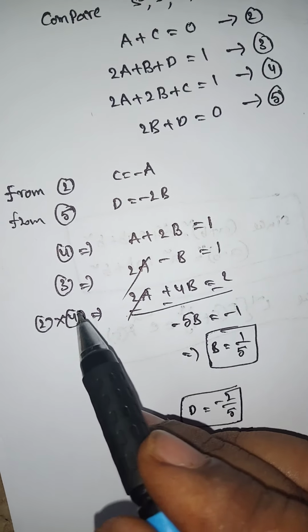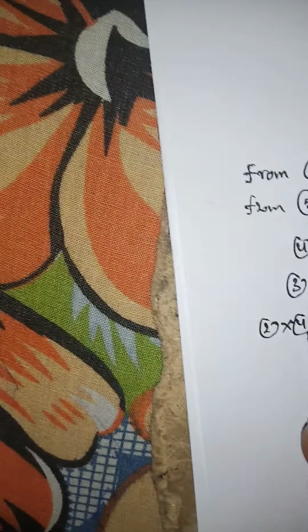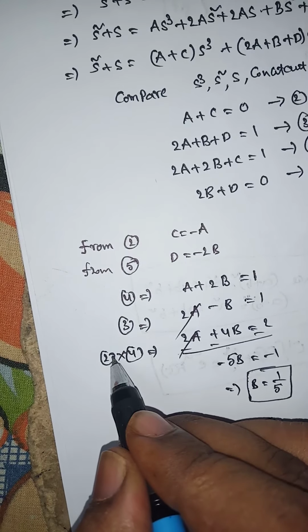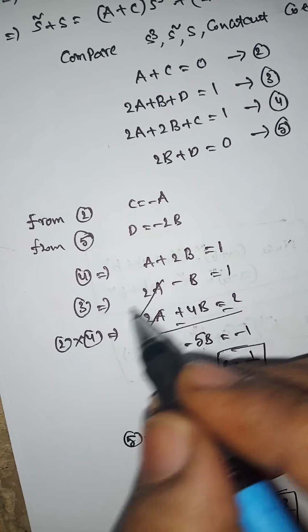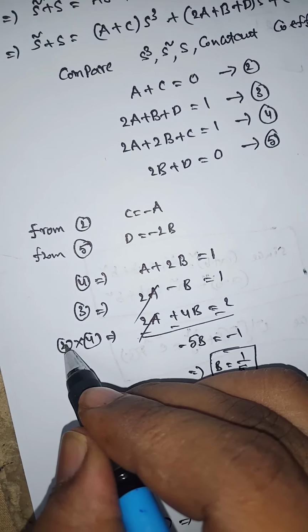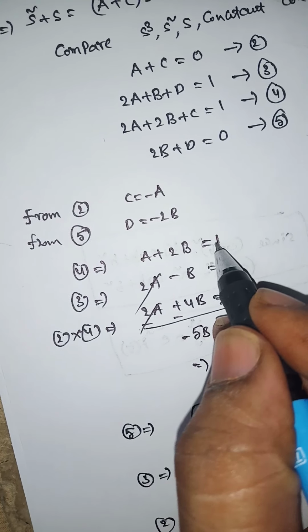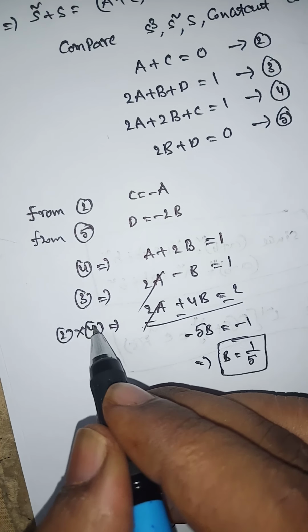And now this is wrong, and here I'm writing, let us take this one as another equation, and I'm going to multiply this equation with 2.